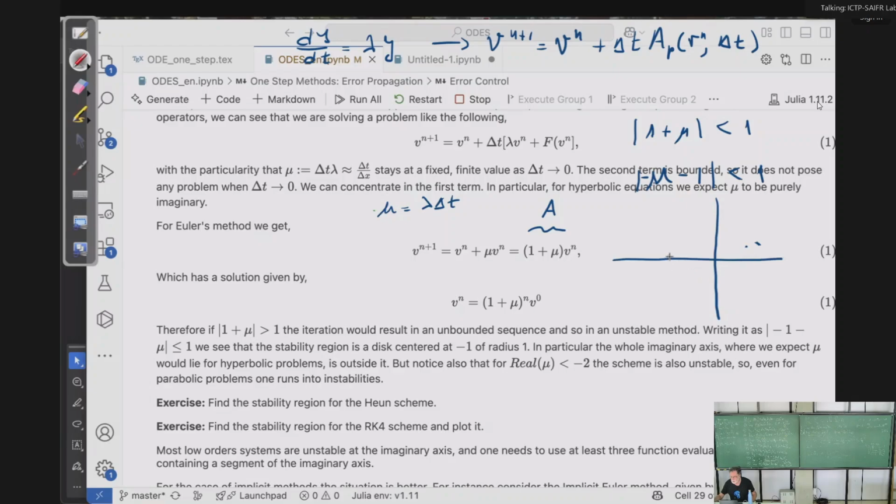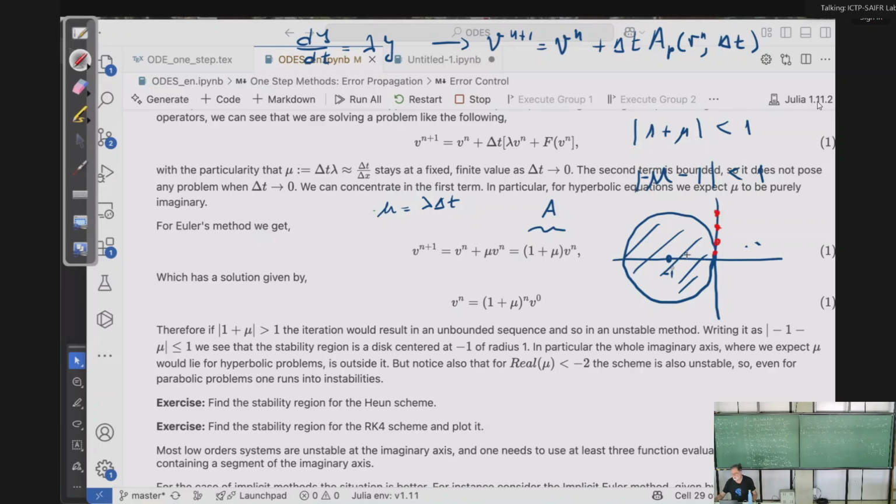So in the complex plane this is -1. It's a circle like it. So Euler's method is stable here. And for our purposes, which is to integrate hyperbolic equations where lambda is imaginary, the eigenvalues for the hyperbolic systems are in some region here.